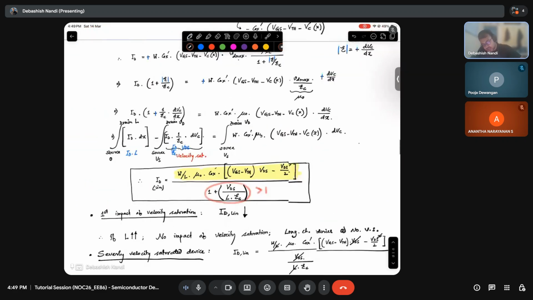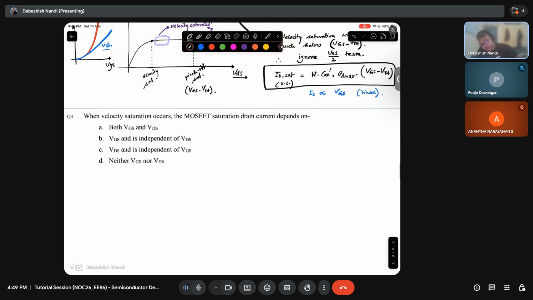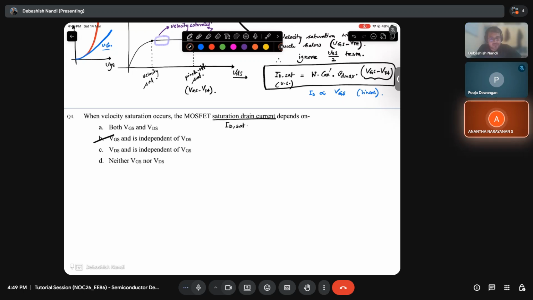Now, next question: when velocity saturation occurs and it is severe, the MOSFET saturation drain current ID sat depends only on VGS, and is independent of VDS.